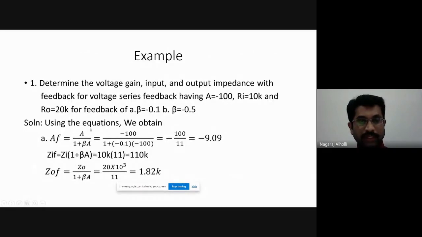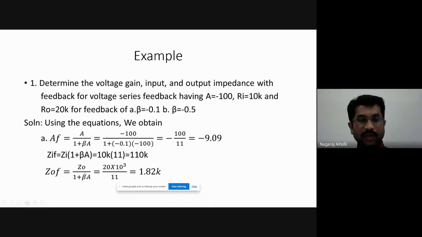Next, for the voltage series feedback amplifier, ZOF is given by Z0 divided by 1 plus beta A. Substitute the values and find the value of ZOF, that is output impedance with feedback.